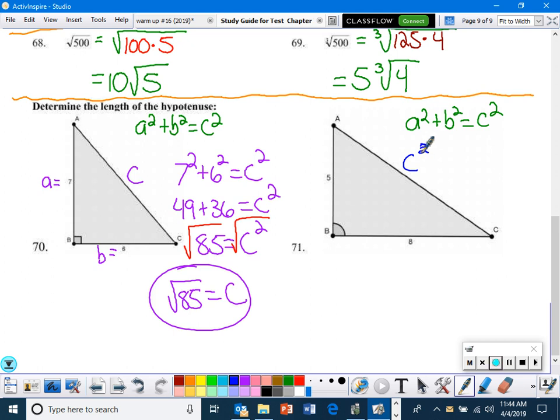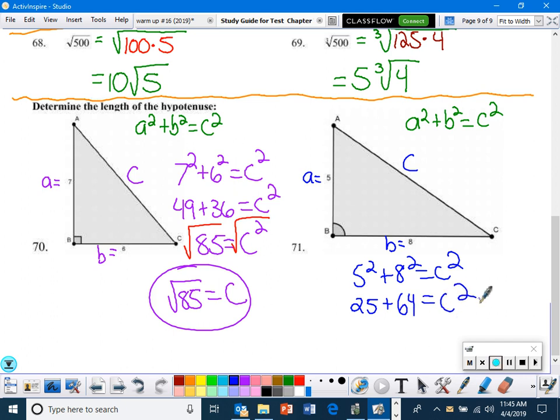Okay. So the hypotenuse is C. So we're going to say that this side is A, this side is B. So 5 squared plus 8 squared equals C squared. 25 plus 64 equals C squared.